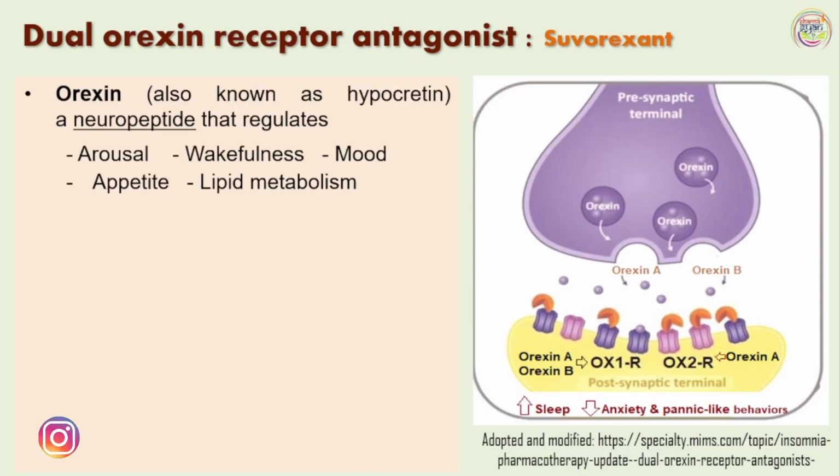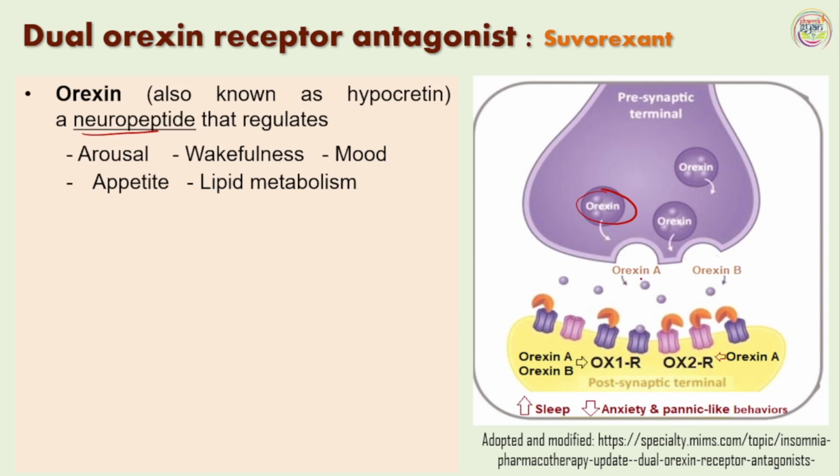Next is the dual orexin receptor antagonist, that is Suvorexant. Now know that orexin is a neuropeptide, which is released from the presynaptic terminal.